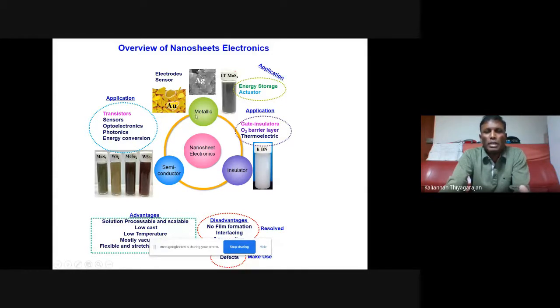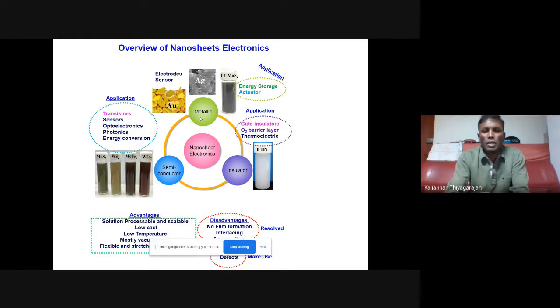So my aim here is to utilize these nanosheets for stretchable electronics. Why? Because nanosheets contain all the components which electronics needs. Metallic is there, insulator is there, semiconductor is there. Sometimes you can even use the insulator as a substrate.